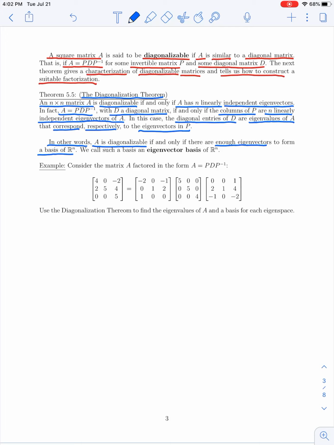And in this case, we would call such a basis an eigenvector basis of Rn.